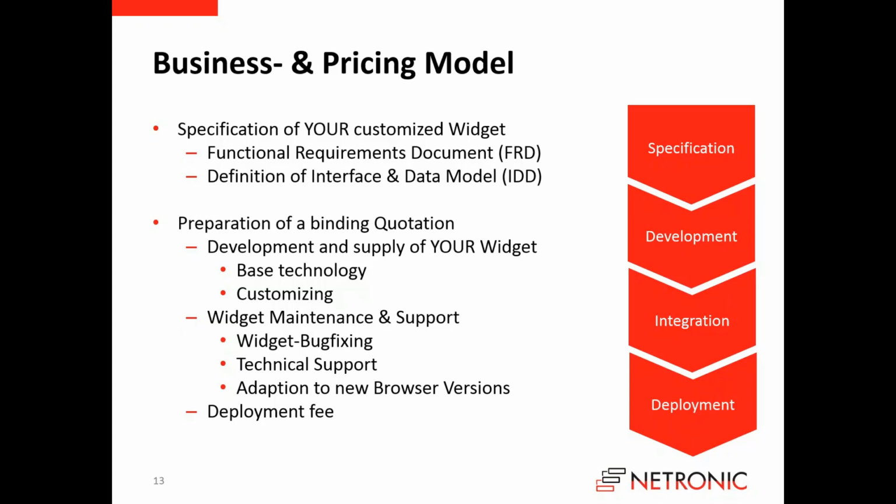One document is what we call the functional requirements document, summing up the scope of delivery concerning functionality, and also the definition of interface and data model. And both documents are then the basis to prepare and provide a binding quotation for your widget.